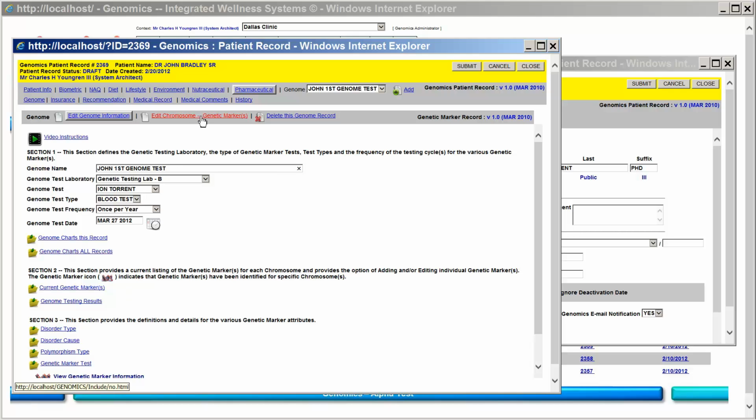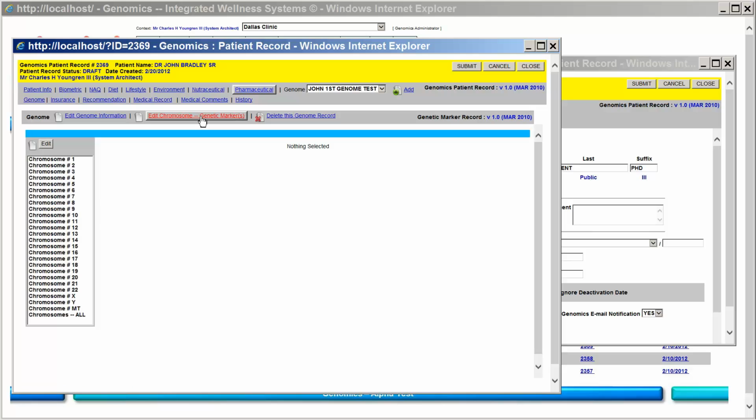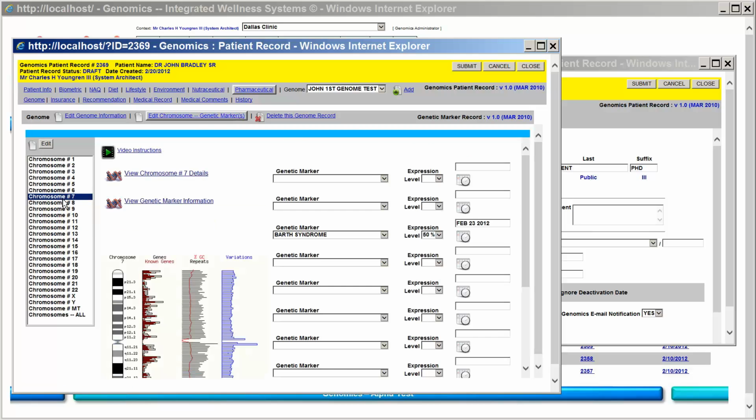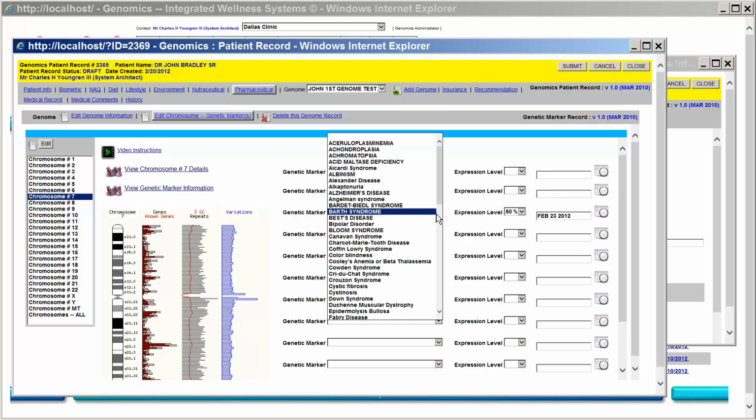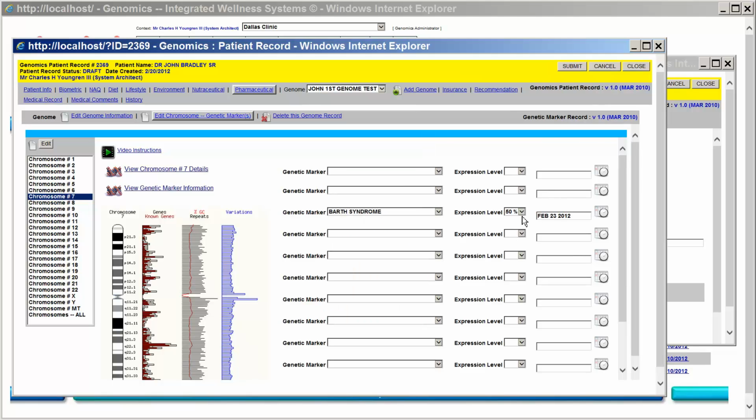We can also delve deep into the actual genetic markers that are attached to specific chromosomes. In this particular case, I'll examine chromosome number 7. For the patient, the genetic marker has been identified for this particular chromosome, the expression level, and the date of the identification of the expression level.